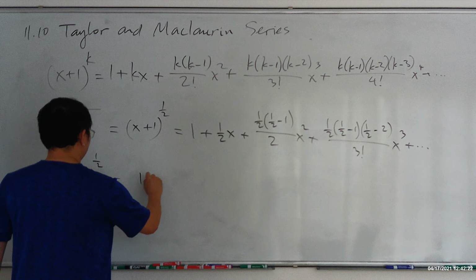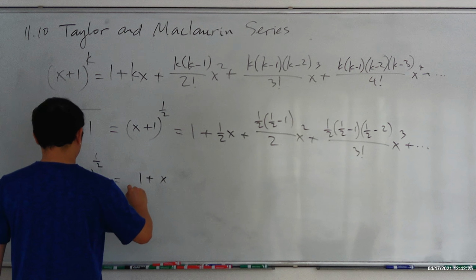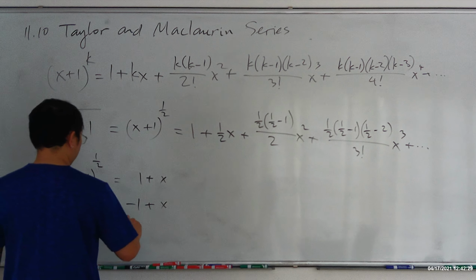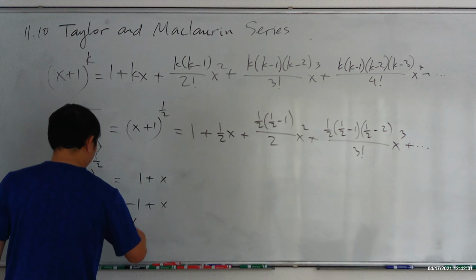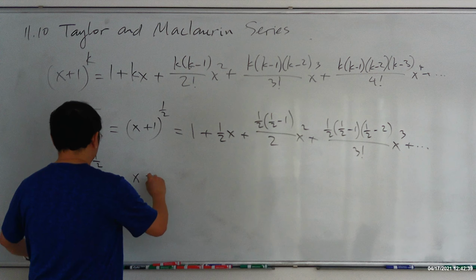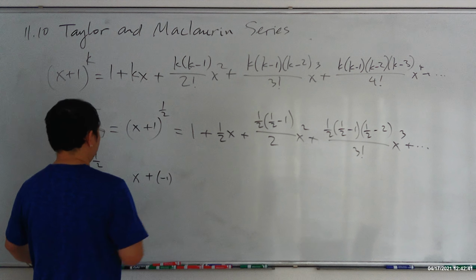So 1 plus x. This is negative 1 plus x. So this is negative of 1 minus x. Okay. Oh, I can write it this way. X plus negative 1, is that right?